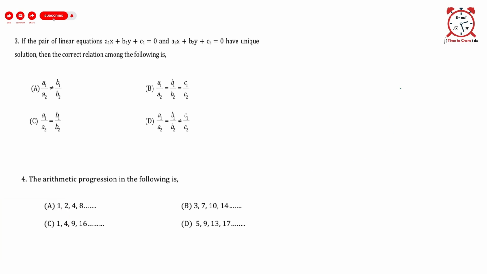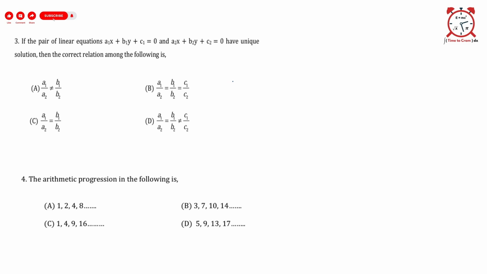Okay. So the next question is, if the pair of linear equations a1x plus b1y plus c1 equal to 0 and a2x plus b2y plus c2 equal to 0 have a unique solution, then the correct relation among the following is dash. So here we know that a1 and a2 are coefficients of variable x in both the equations.